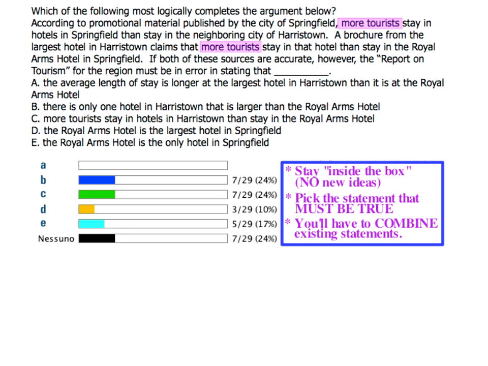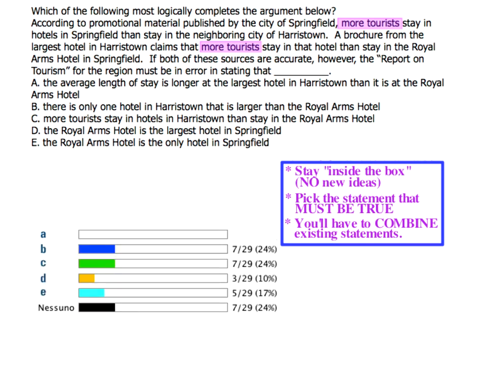What's interesting about this is that people did not also immediately eliminate B. Because if you think about this, you can only discuss things that have to do with tourists or hotels, but not really the number of tourists or actual presence or absence of hotels. You can't think of anything else, really. So you can make quick eliminations here. You guys were on board with the quick elimination of A, because average length of stay is not discussed.